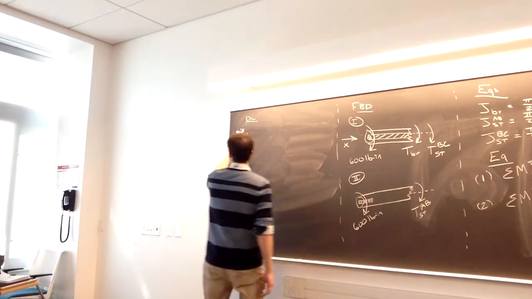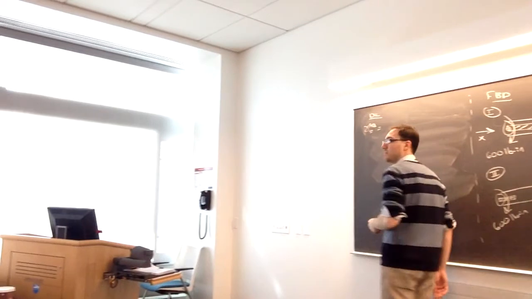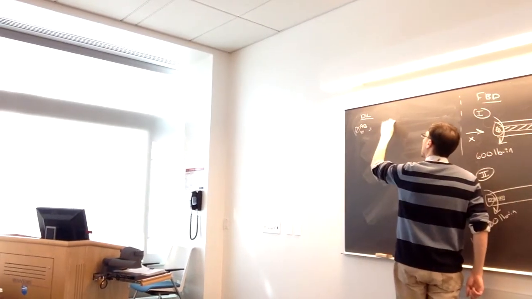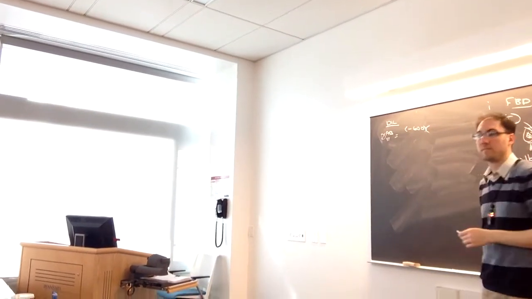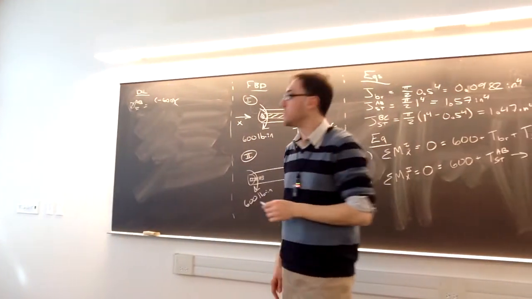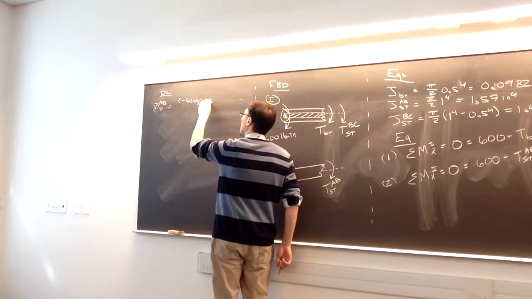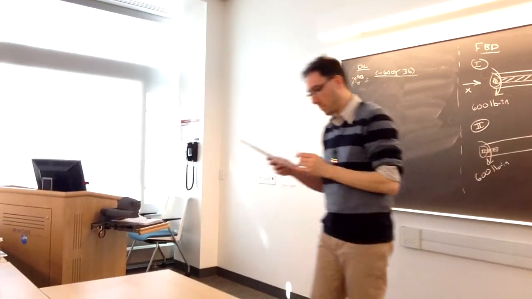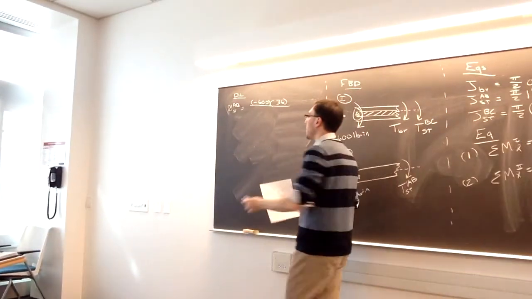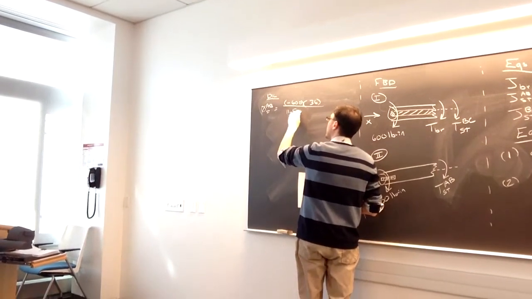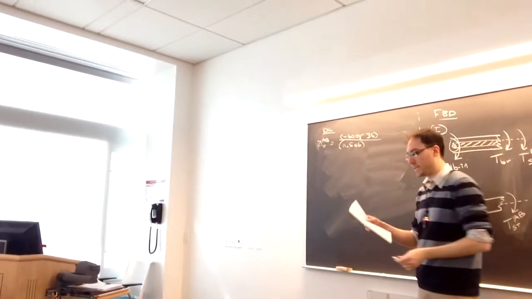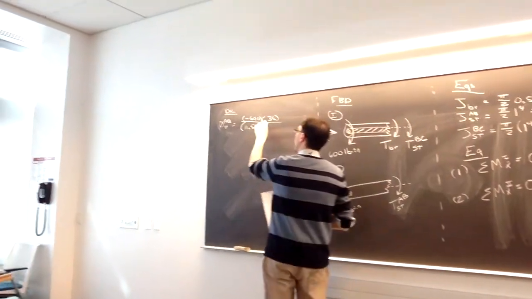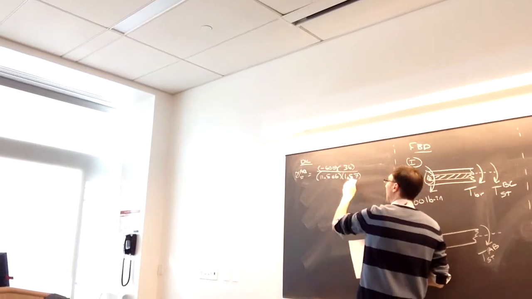So the angle of twist in the steel from A to B will be the negative 600 times the 36 inches, over the modulus, which was 11.5 times 10 to the 6th psi, and the J was 1.57 inches to the 4th power.